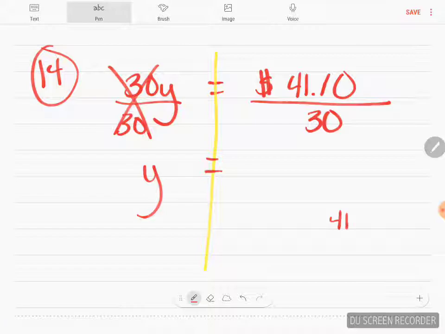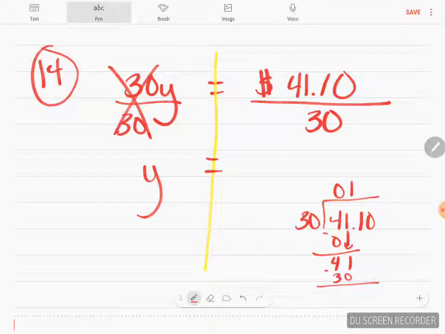So I got 41.10 divided by 30. All right, how many times can 30 go into 4? 0. How many times can 30 go into 41? 1. Bring down the 1. How many times can 30 go into 111?